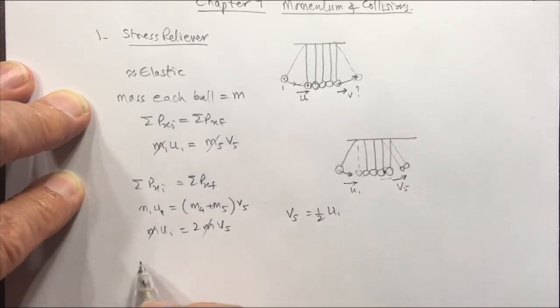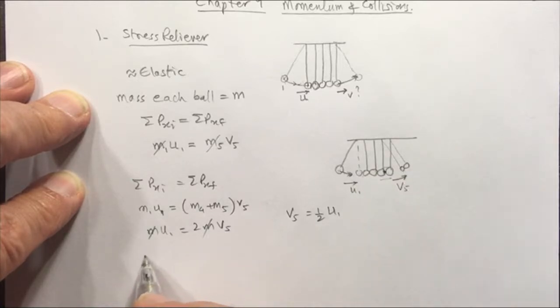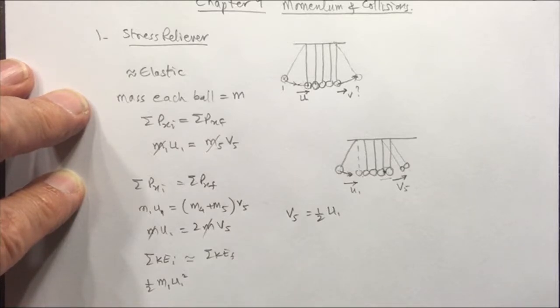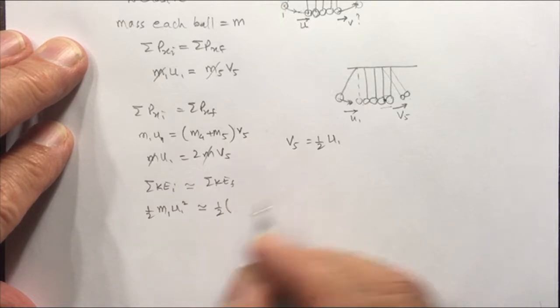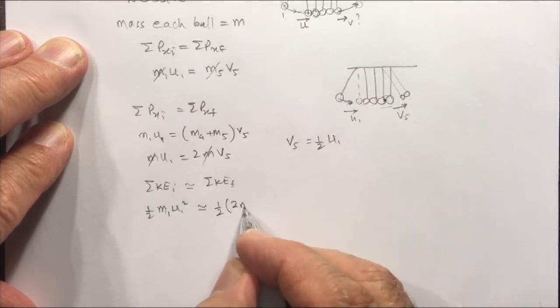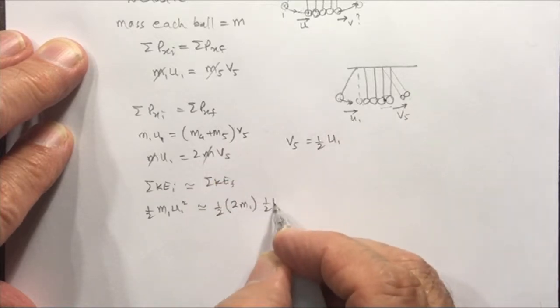Now let's see what happens to the conservation of kinetic energy, because it should almost be conserved. The sum of the kinetic energies initial should be equal to the sum of the kinetic energies final. The initial kinetic energy is half m1 u1 squared, and the final kinetic energy should be almost equal to that: half, the mass is twice, so 2m1, and the speed we found to be half of u1.